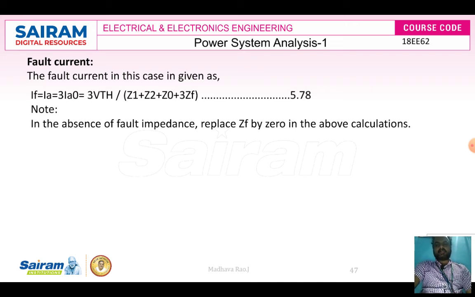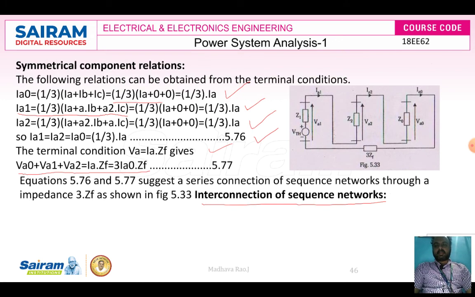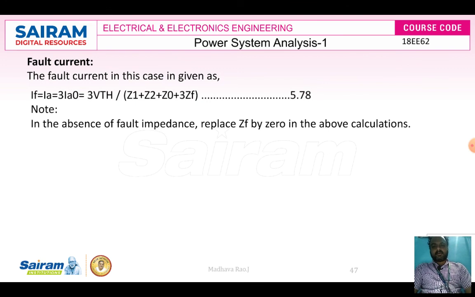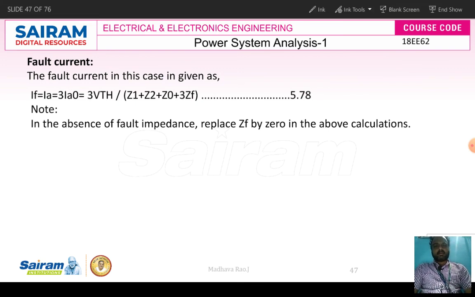Fault current in this case, IF is equal to IA, that is equal to 3 times IA naught. See here, we know that IA naught, the zero sequence component, is equal to 1 by 3 into IA.